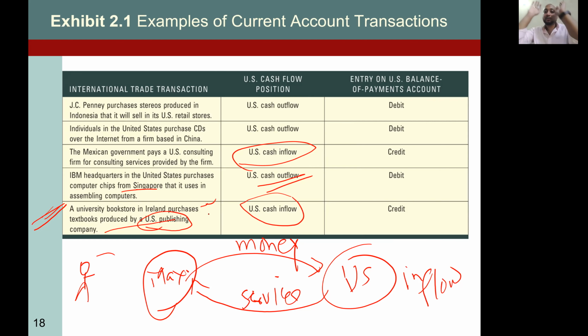You provide books to Ireland, and Ireland gives you money. So this is cash inflow. So here, US cash inflow, right? For Ireland, this is outflow. Ireland will pay the money and receive the books.